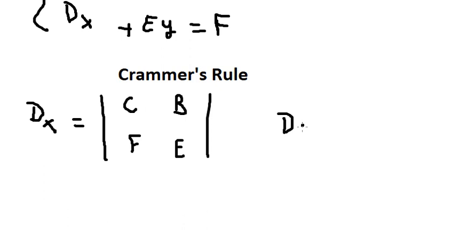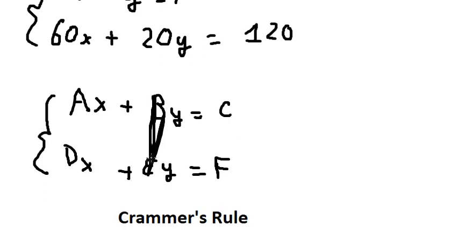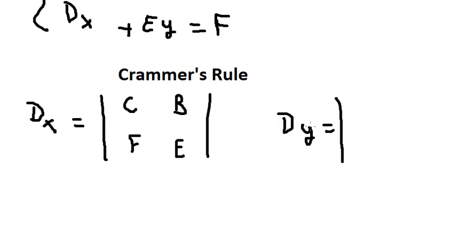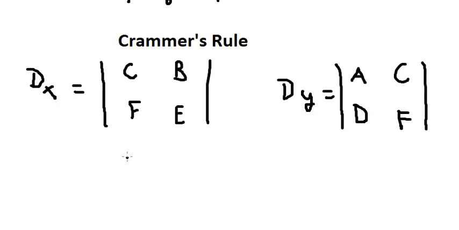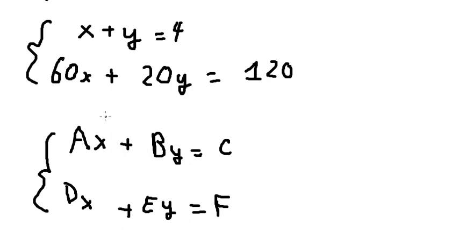About dy, we need the coefficients of this one, and this column we replace by c and f. So we have a, c, d, f. The next one is d. So d is this one.